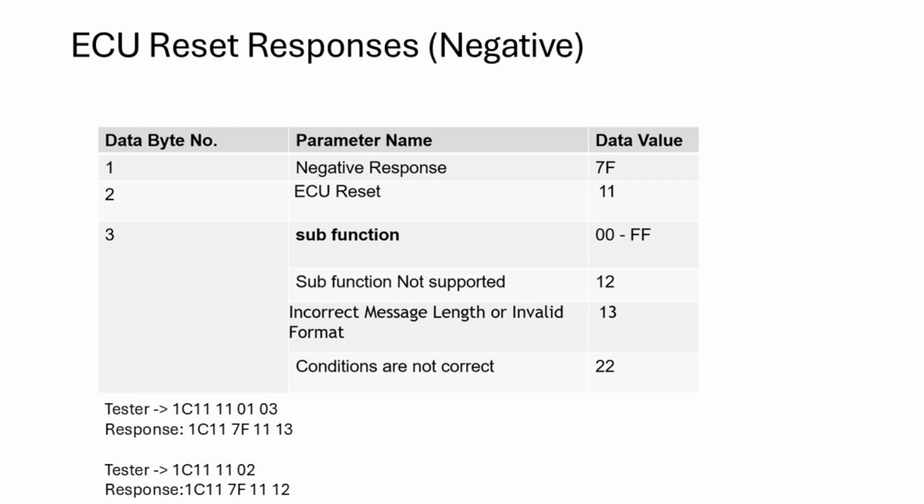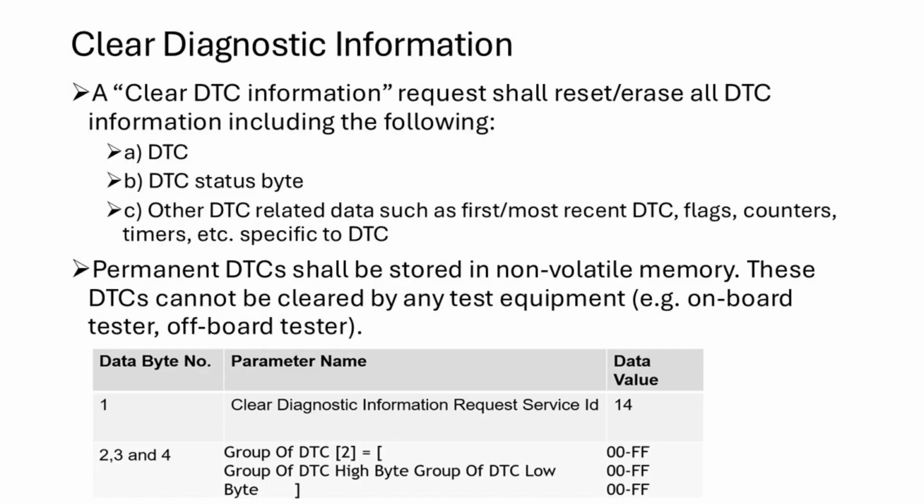Next, clear diagnostic information. With this service, we can clear the DTCs in the ECU. The clear diagnostic information request shall reset or erase all DTC information, including the DTC, the DTC status byte, and other DTC related data such as first or most recent DTCs, flag, counter and timers specific to the DTC.